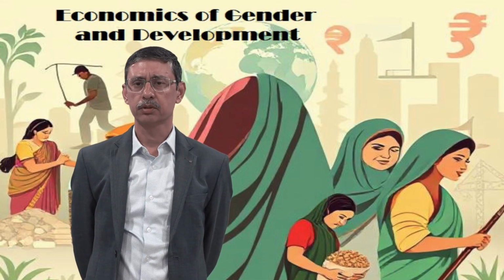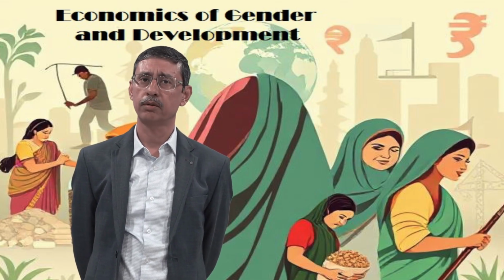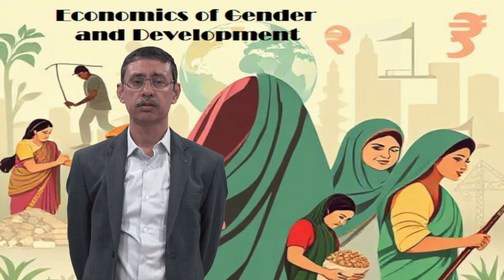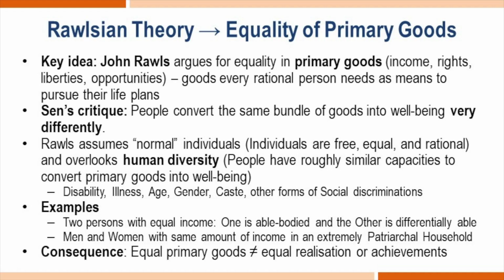The next approach, which Sen talks about in greater detail, is the Rawlsian theory of justice. Rawls talks about the equality of primary goods. The key idea in Rawls' theory is that we must bring equality in terms of how people, irrespective of their gender, are entitled to different sets of primary goods.